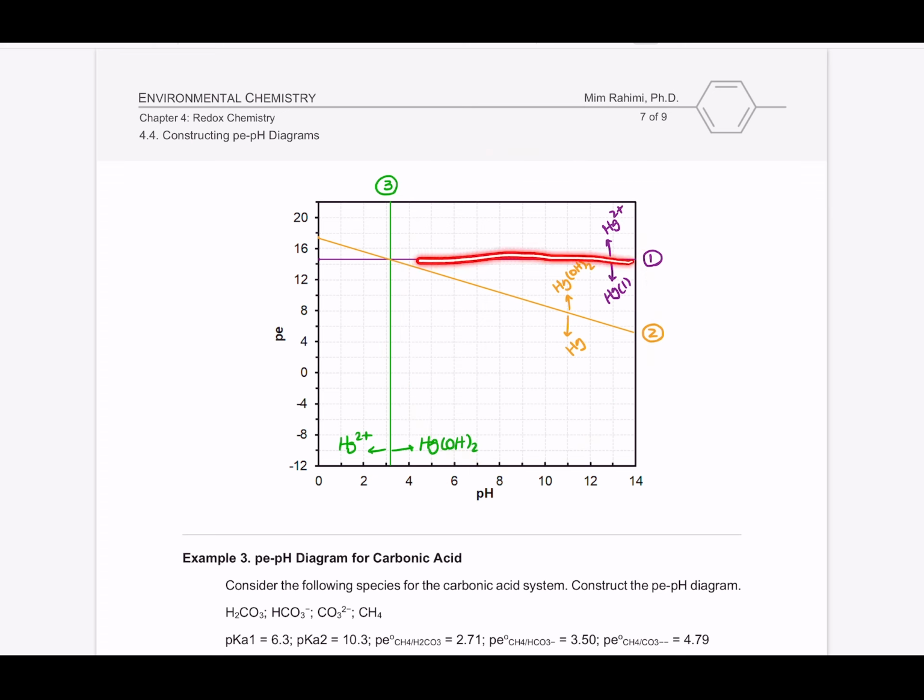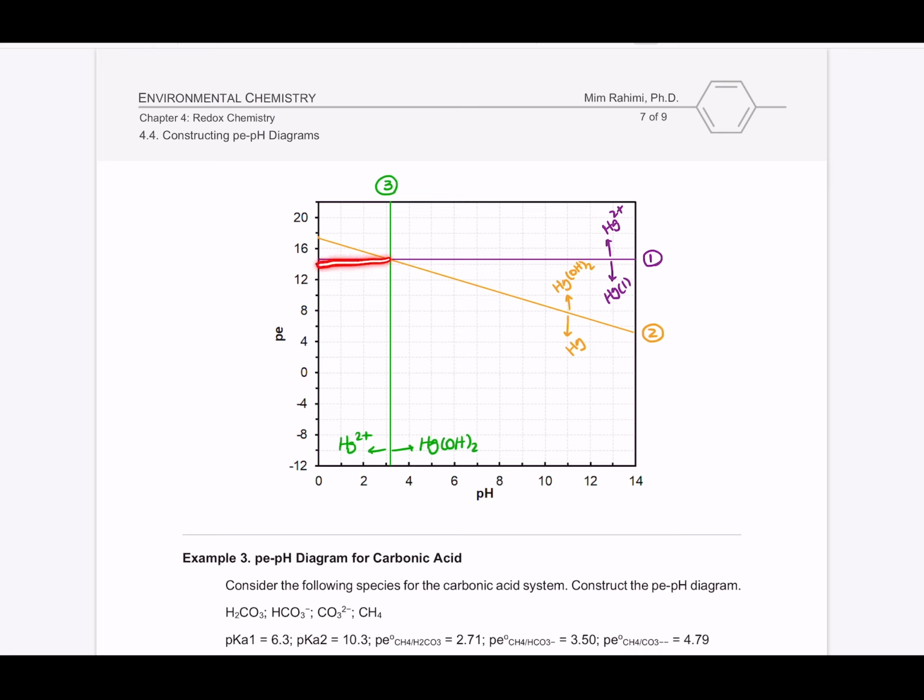But this line is also here. This line is the equilibrium between Hg2+ and Hg liquid. But this is the territory of this guy. These two don't belong to this part, right? Because HgOH2 is not in the reaction. So this part of the line is not thermodynamically feasible because we don't have that reagent. It's not the dominant one based on the three lines, because it has to check all the boxes.